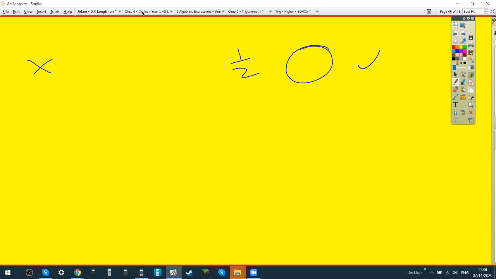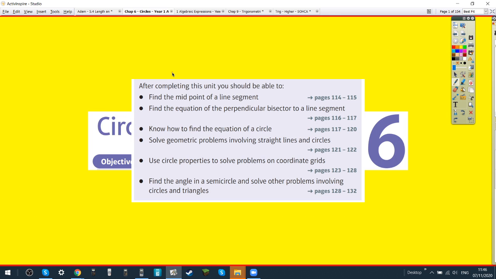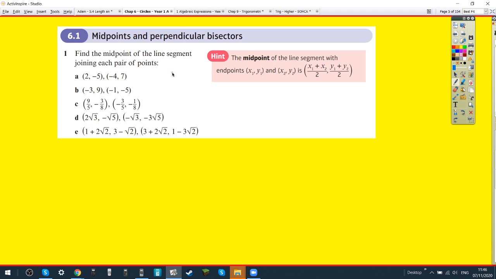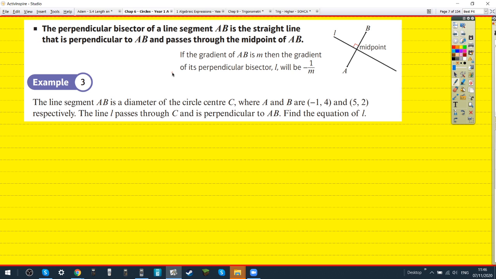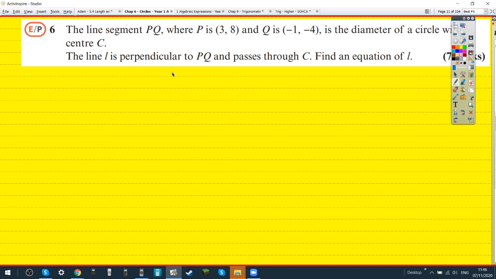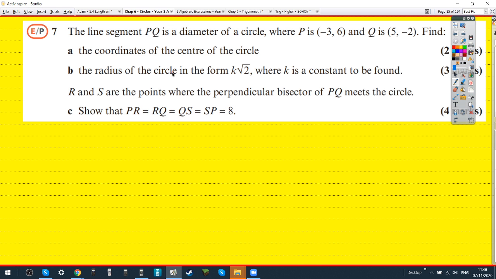Okay, so that's that stuff. Next chapter is circles, which we started a little bit by doing midpoint and perpendicular bisector because they are straight lines. Well, we did this. That seems familiar.